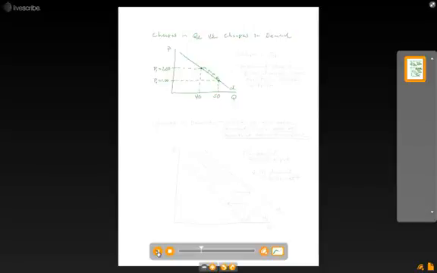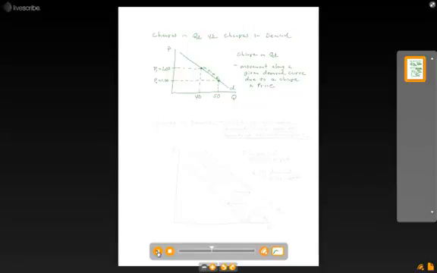So when we say there has been a change in quantity demanded, that means there has been a movement along a given demand curve due to a change in price.